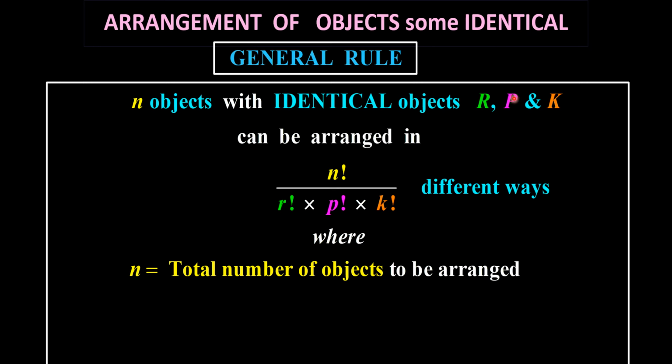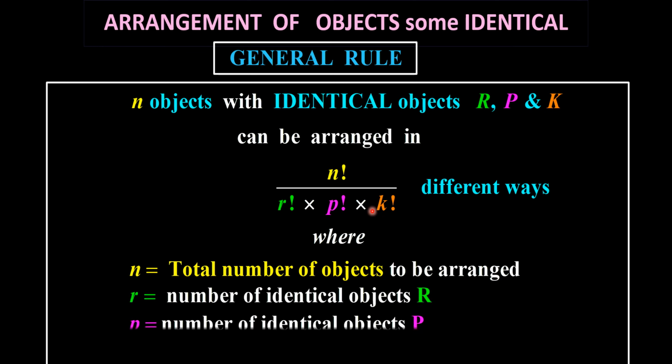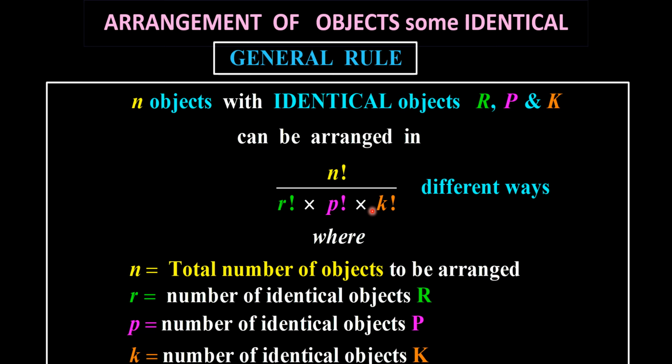And the same with capital P, the number of objects of capital P is the lowercase p, and the number of objects K that are repeated is the lowercase k. So that's our formula for arrangement of objects where some of the objects are identical, and we compensate by dividing.